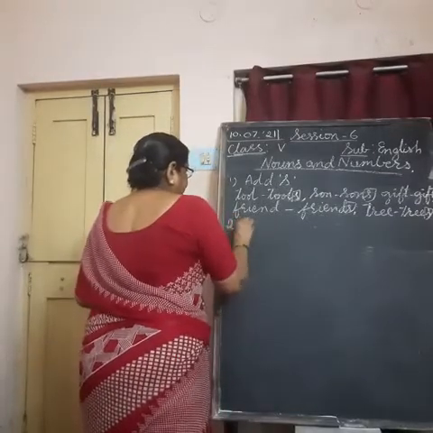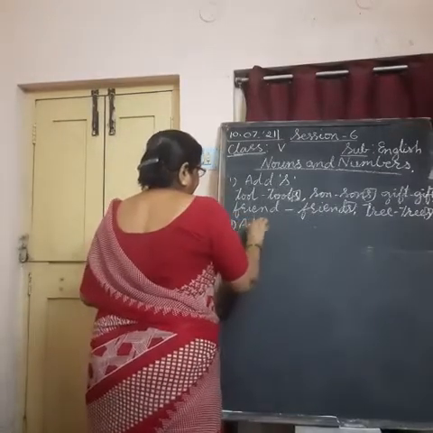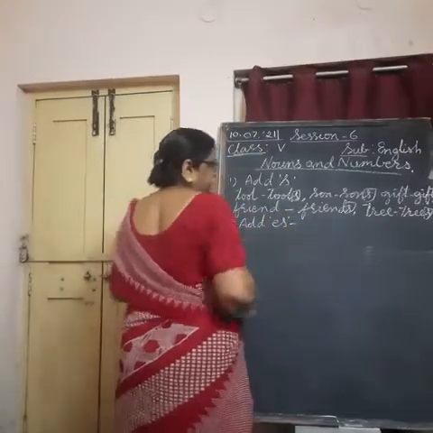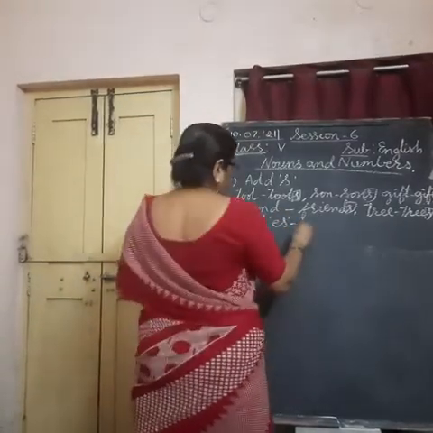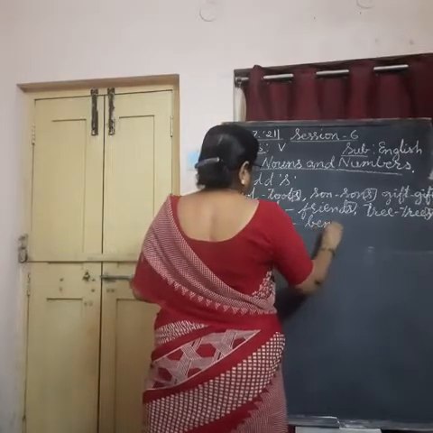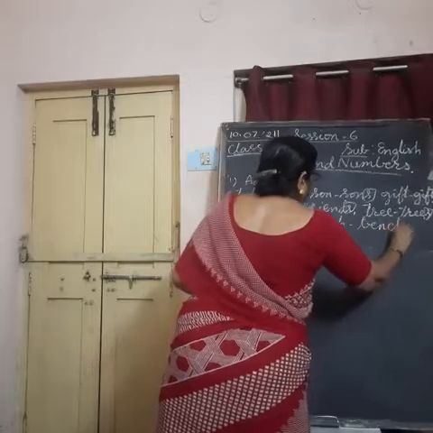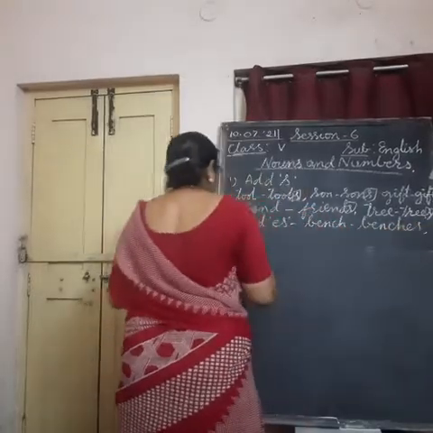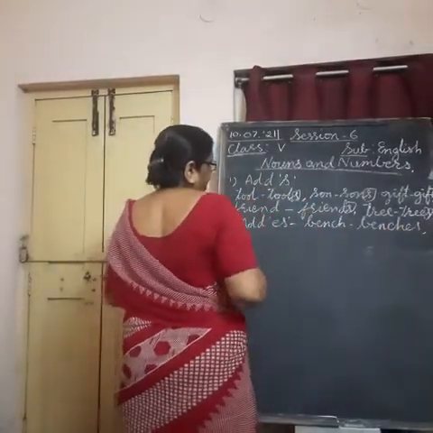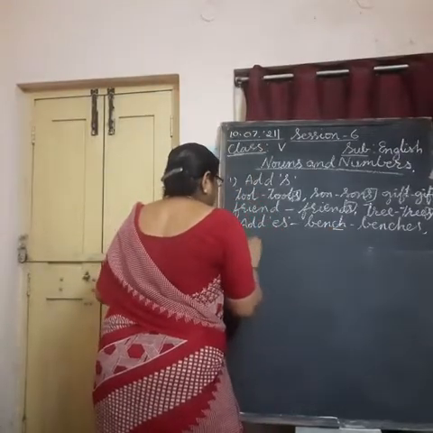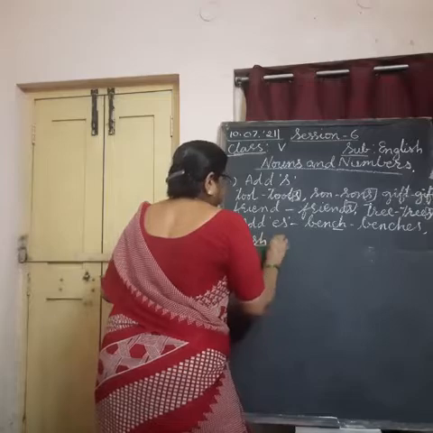Second rule is add ES. When the word ends with CH, bench, benches, watch, watches. When the word ends with SH, bush, bushes.